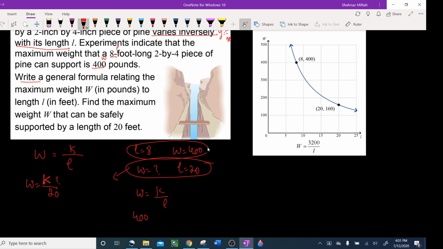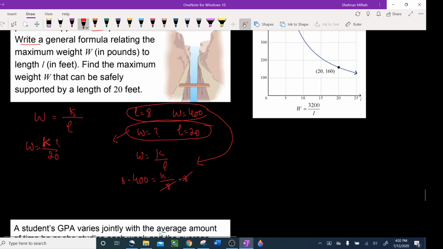This is what I'm doing right now. 400 equals K over L, K we don't know, L is 8. Times 8 both sides, they cancel. And I'm left with K equal 3200. So that's the K.